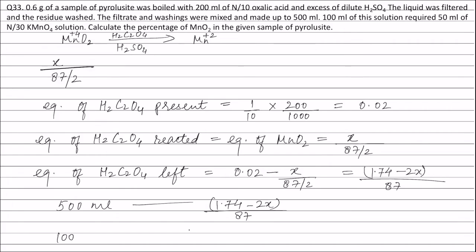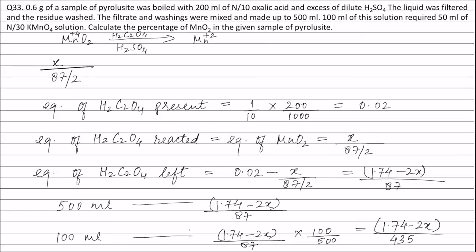Therefore, 100 milliliters of the filtrate will contain 1.74 minus 2x divided by 87 into 100 by 500 equivalents of oxalic acid, and this is equal to 1.74 minus 2x divided by 435 equivalents.